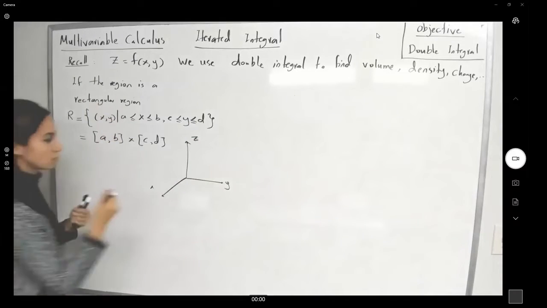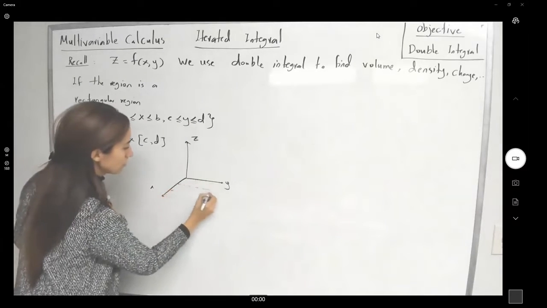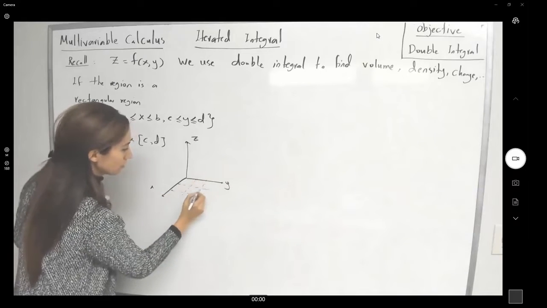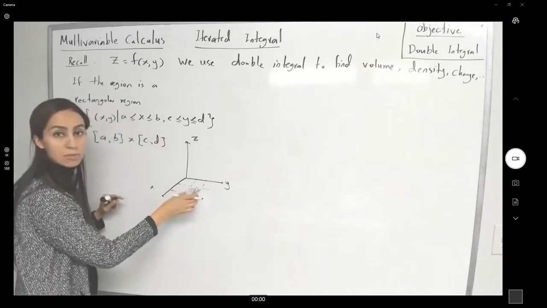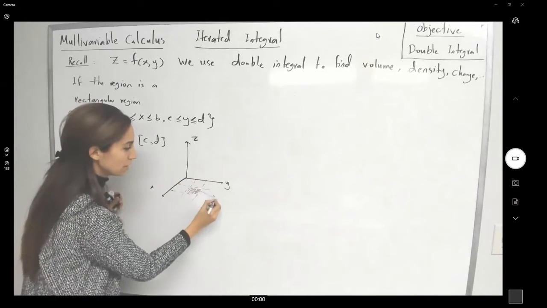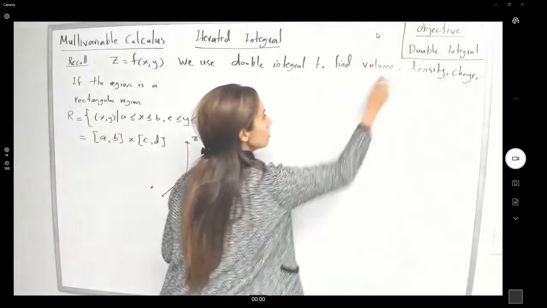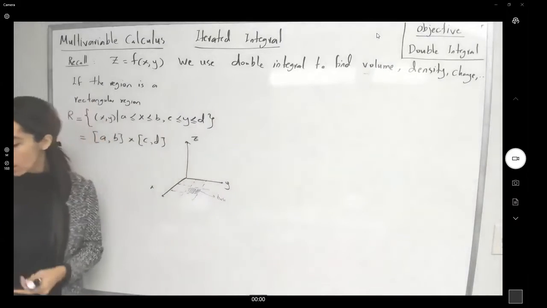Well, this is a rectangular region that we have. This is our region, and this gives me the area, the base. If you're thinking about the volume, you already have the base, you only need the height. Well, where is the height?